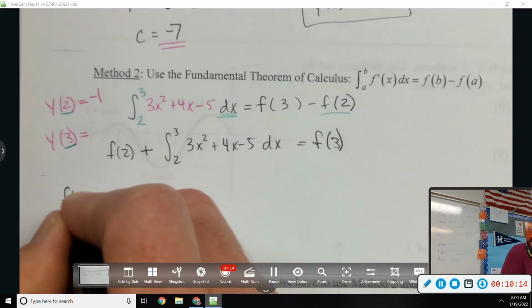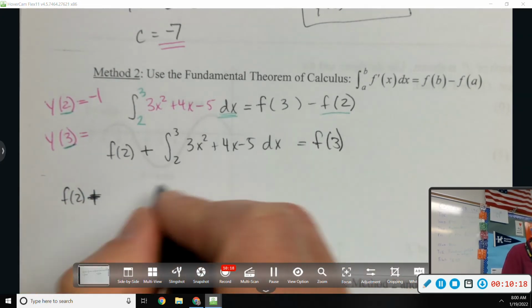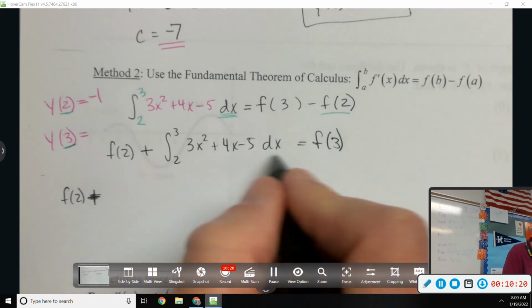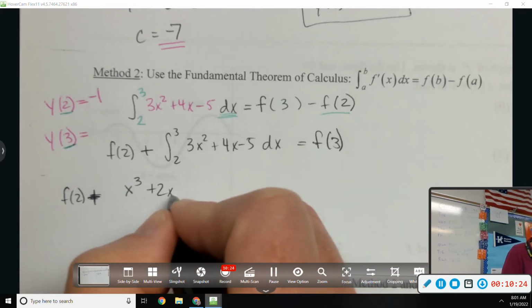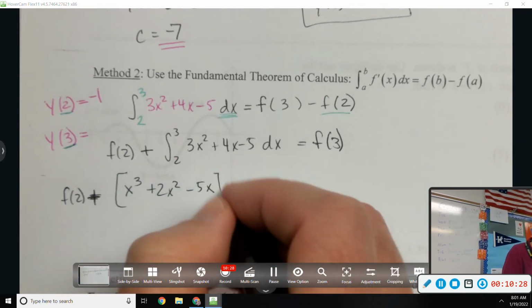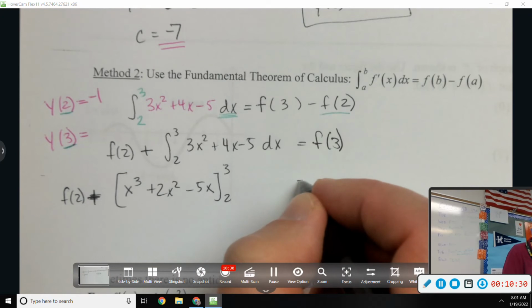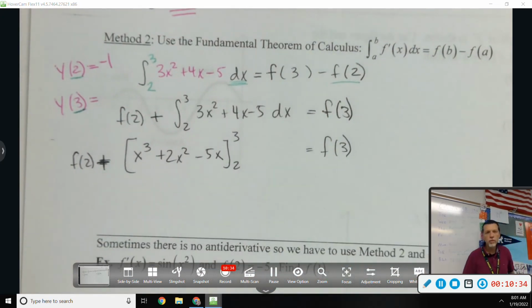So f of 2 plus, let's see, we already integrated this once, so this shouldn't be too bad. x cubed plus 2x squared minus 5x. I don't have to worry about the plus c because it's a definite integration. I'm going from 2 to 3.